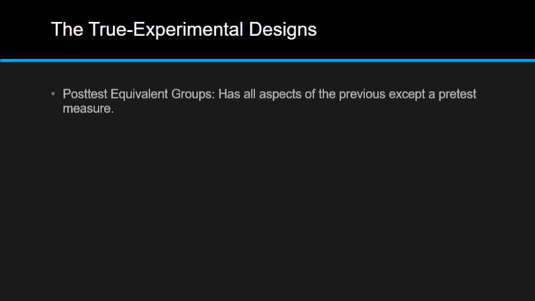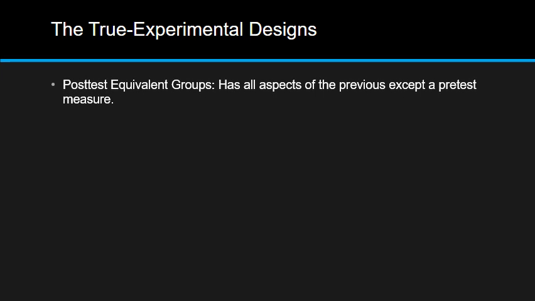Another is the post-test equivalent groups. And this has everything from the previous except a pretest measure. So essentially you'd have a control group and a variable group. You'd have random assignments, but the only difference is in the control group, you'd have a post-test. In the variable group, you'd have treatment and the post-test.